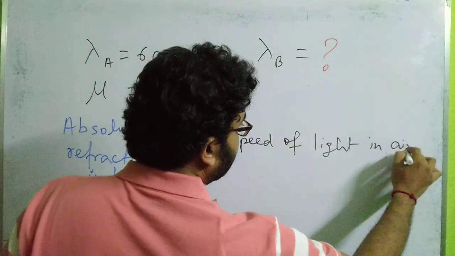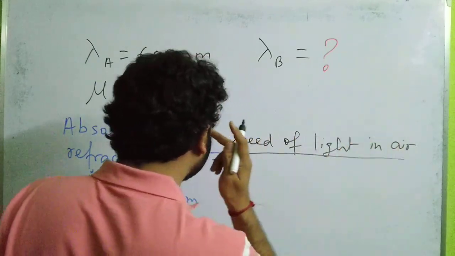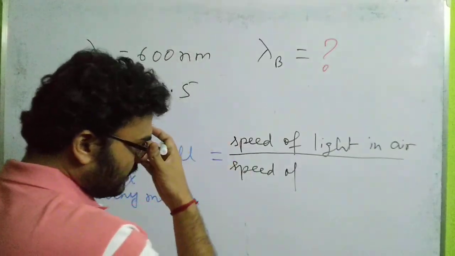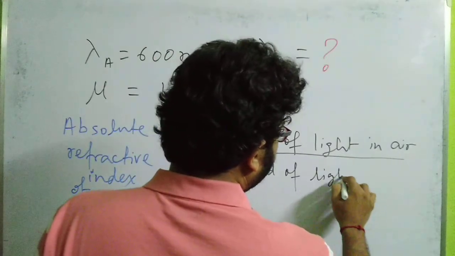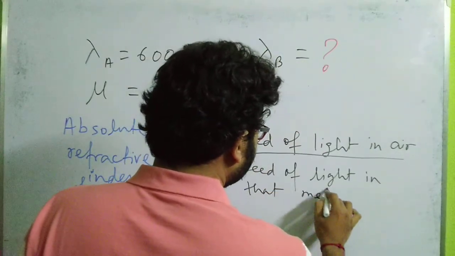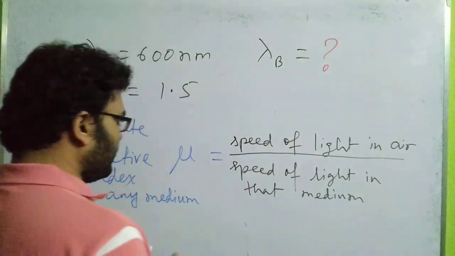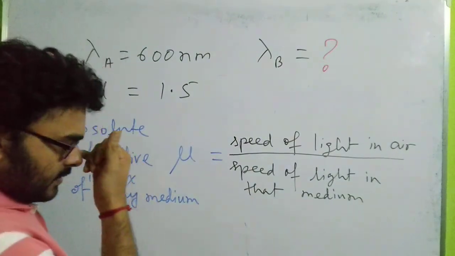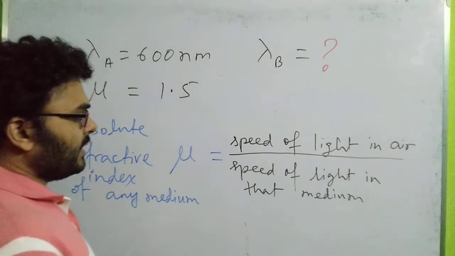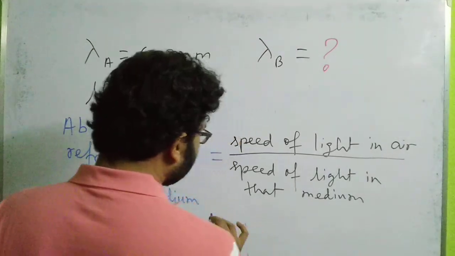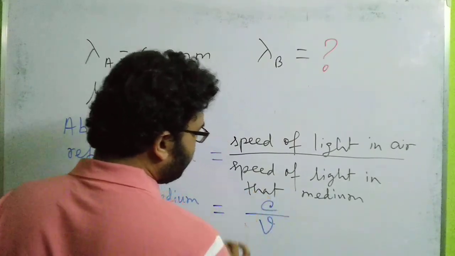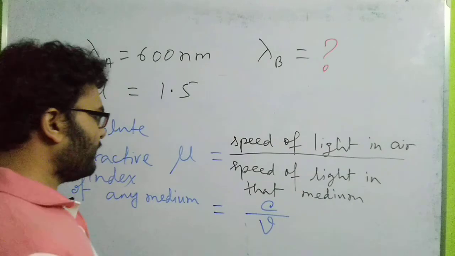This is the definition of absolute refractive index. The speed of light in air is denoted by the letter C, so I can simply write it as C by the speed of light in that medium, V. So this is the absolute refractive index.